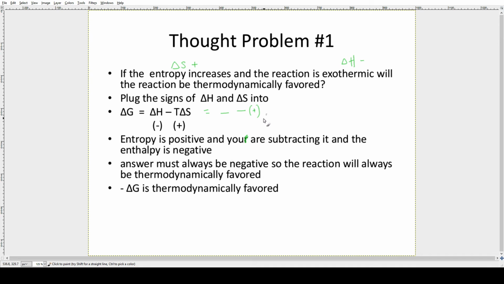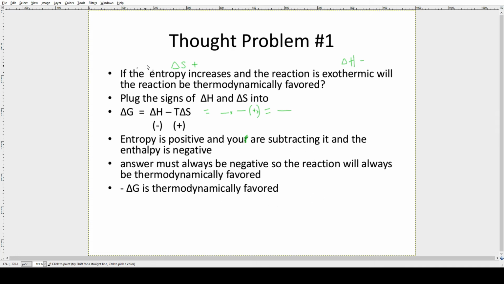Well, if you're doing that, you're going to end up with a number that is always negative. Here, let's see, it's like this, negative x minus a positive x. So this will always come out negative, which means that you will always have a thermodynamically favored process if the enthalpy is negative and the entropy is positive.